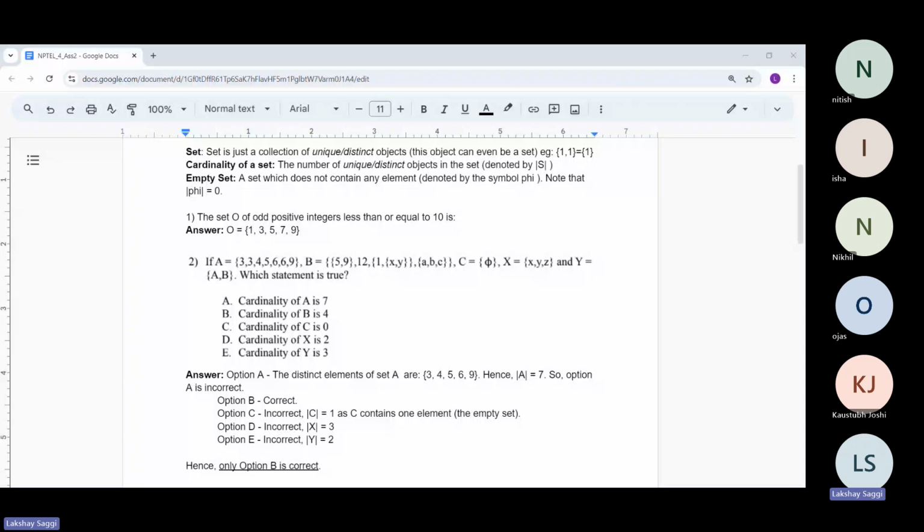So what's a disjoint set? I'll just explain the definition here. You must have seen it in the lectures, but I'll still go over it.